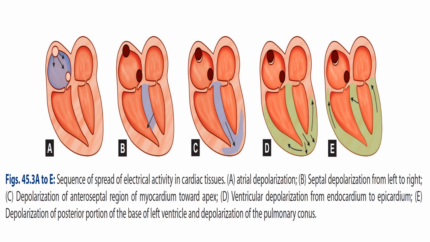Finally, there is ventricular depolarization from endocardium to epicardium. You can see depolarization is first toward the endocardium, then it comes back to the epicardium. Depolarization of the posterior portion of the base of the left ventricle and of the pulmonary conus is the last to occur. Okay.